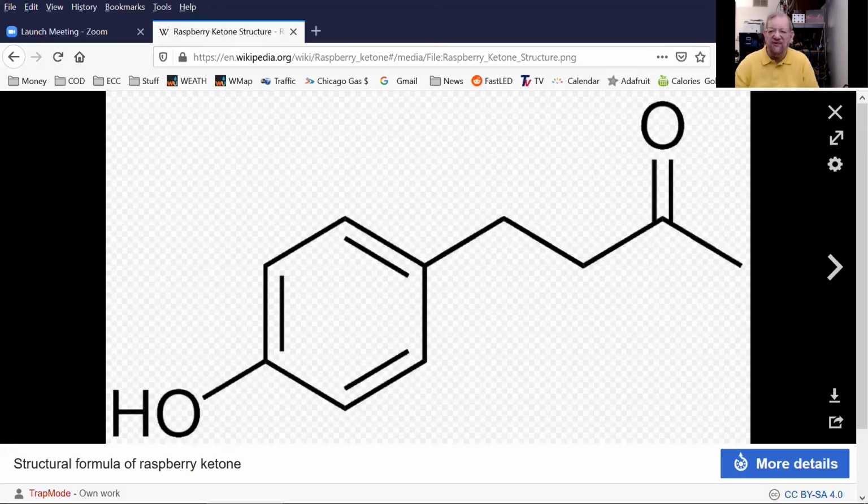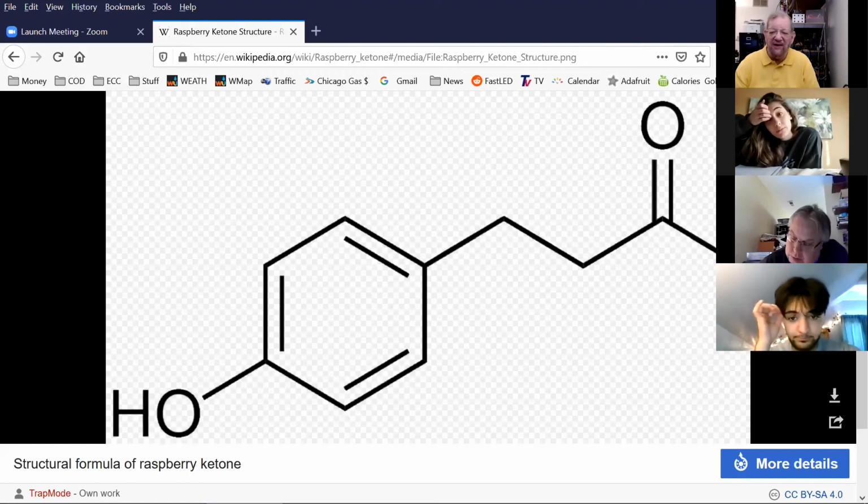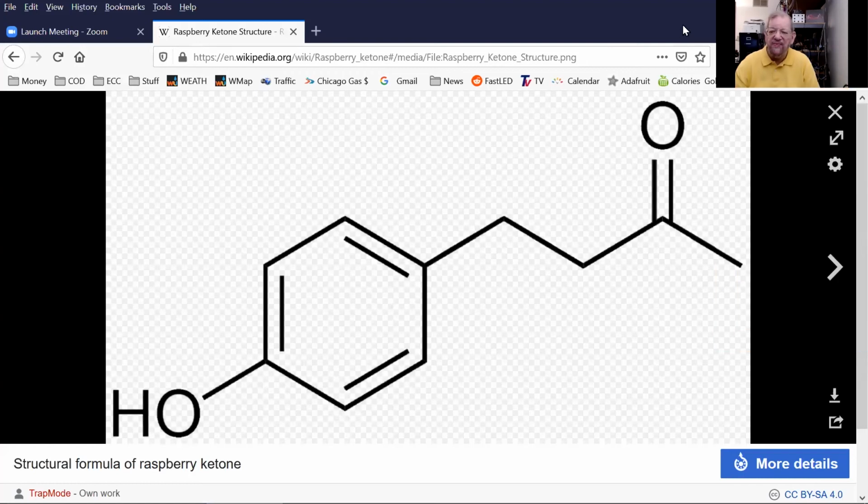If you look on your screen, everybody see the molecule? Hopefully you do. And remember, every bend in a line is a carbon, every end of the line is a carbon. And here we have a ketone, methyl group, carbon, carbon, carbon, a benzene ring, and a hydroxyl group. This has got the common name raspberry ketone, because this is what gives raspberries their taste.